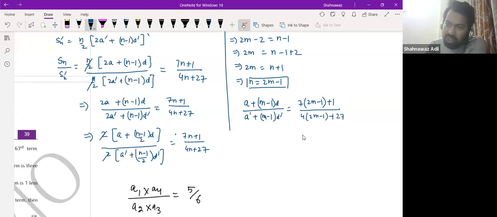So what would be the answer? This is 7 into 2m minus 1 is 14m minus 7 plus 1, and then 8m minus 4 plus 27. So this is 14m minus 6, and this is 8m plus 23. So this would be your answer.